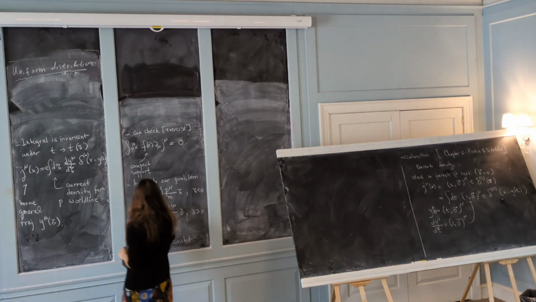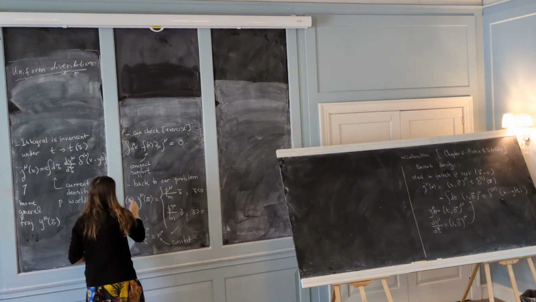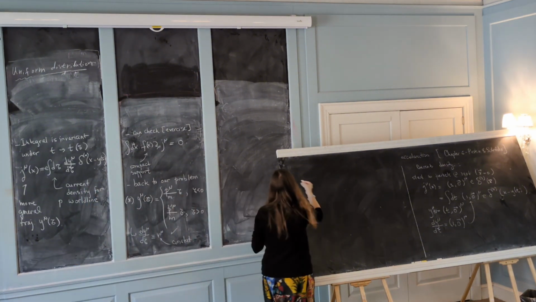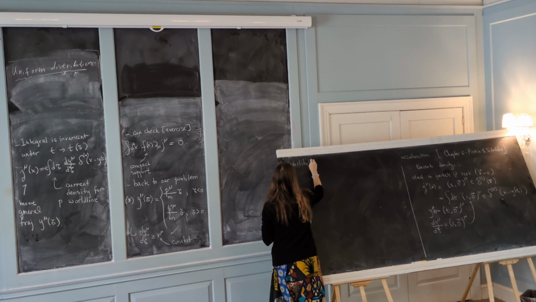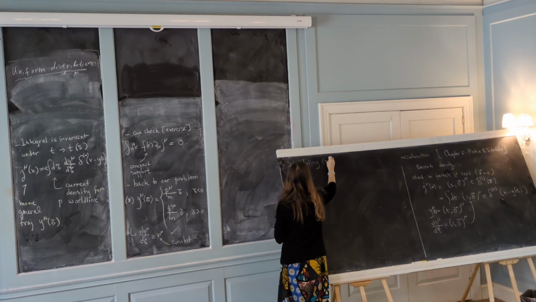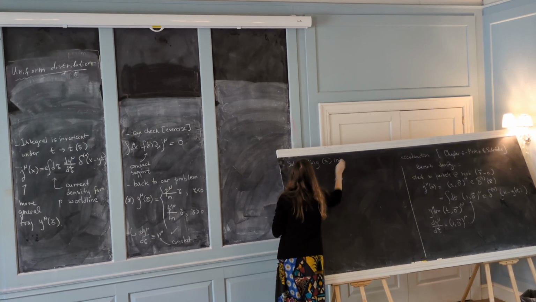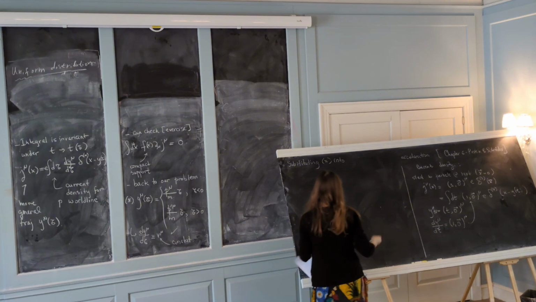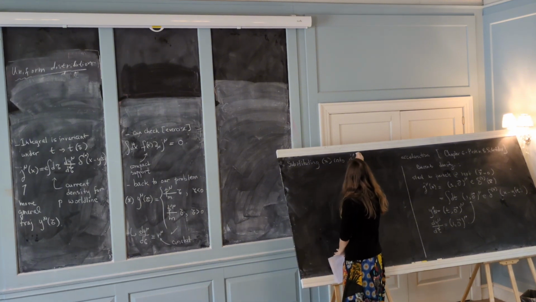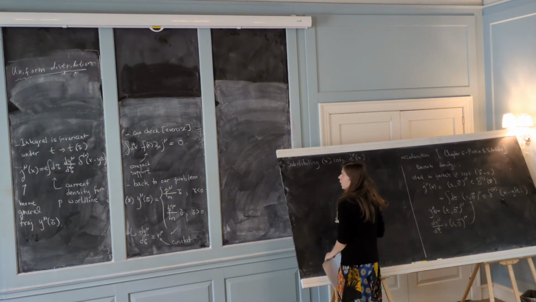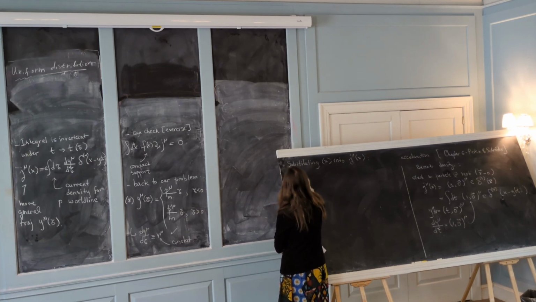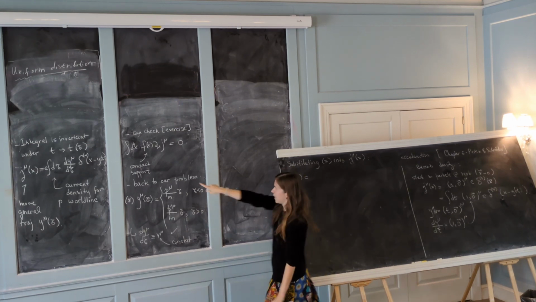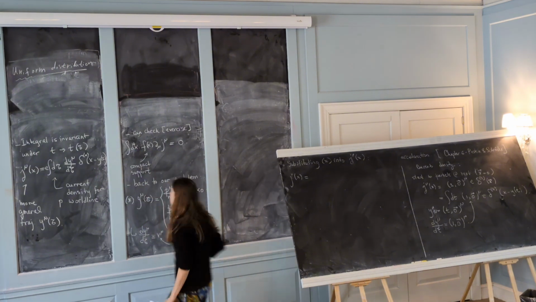So substituting, let's call this the gradient star, into the formula for J mu, we have the following.